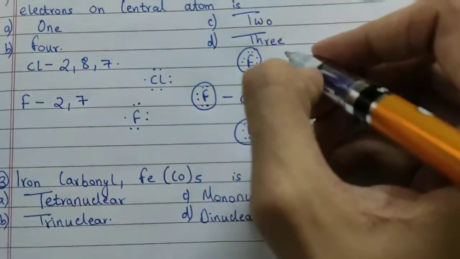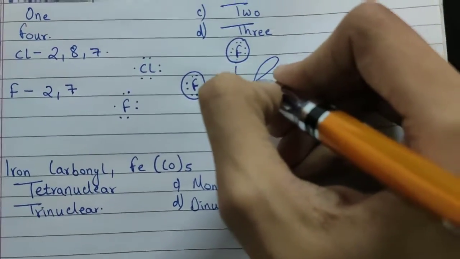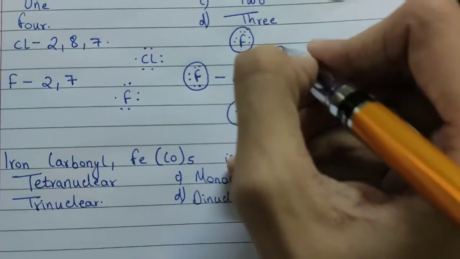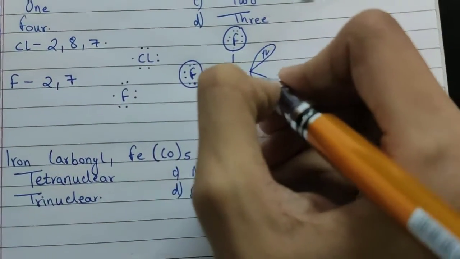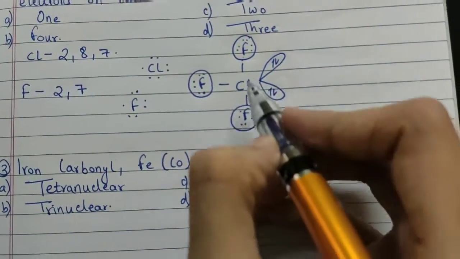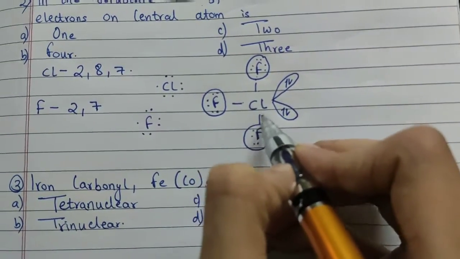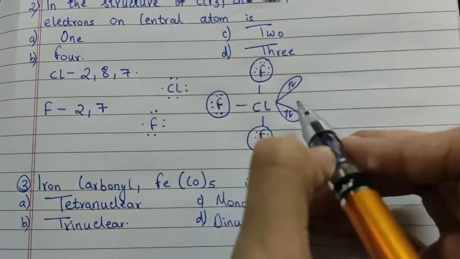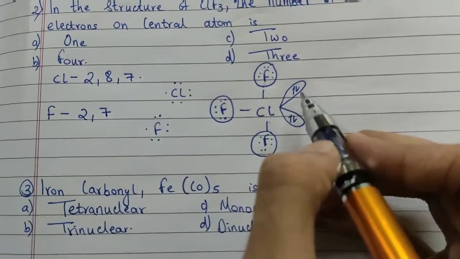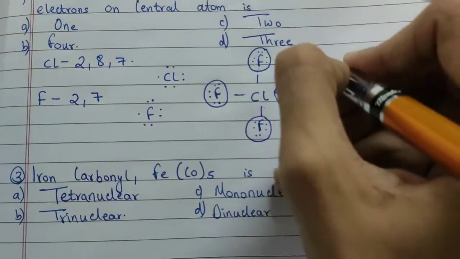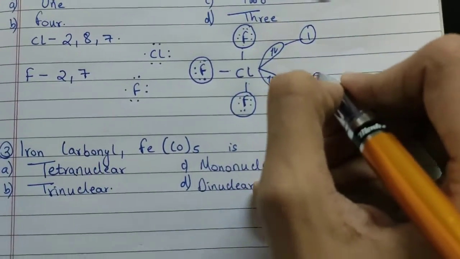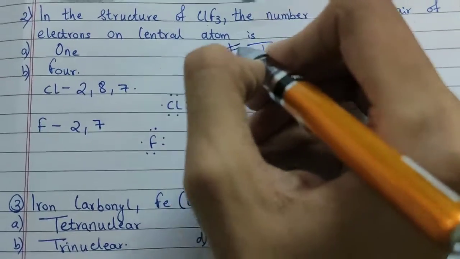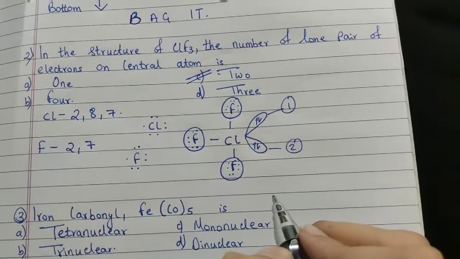You have 3 bonds, that means 3 electrons have been used. But what about the remaining 4? The remaining 4 form 2 pairs of electrons, which are known as lone pairs. If you count, you get 1, 2, 3, 4, 5, 6, 7, so that is how the valency of chlorine is satisfied. This is the first lone pair, this is the second one. So the correct answer here is option C.